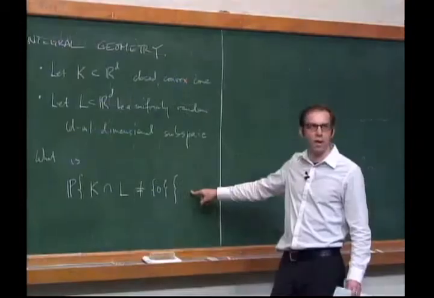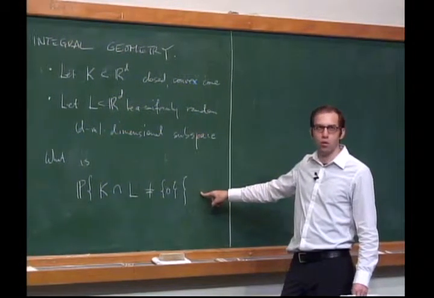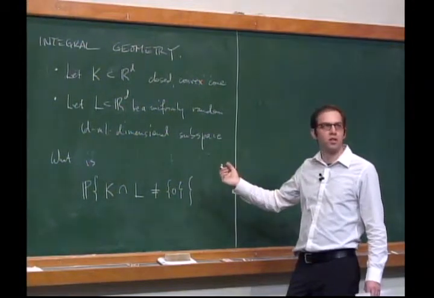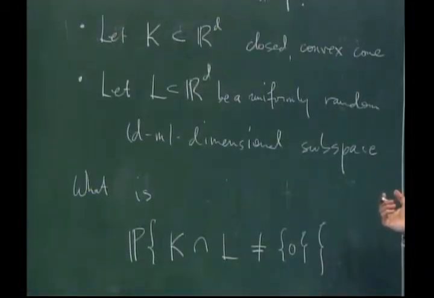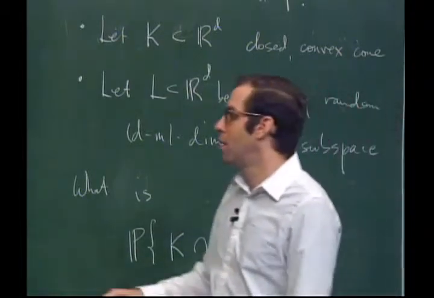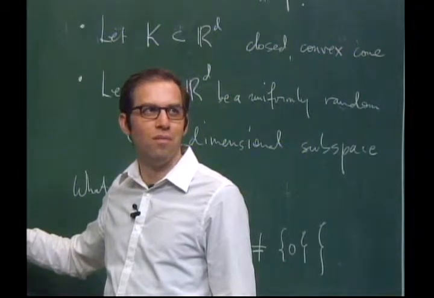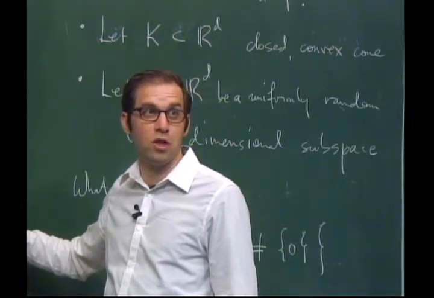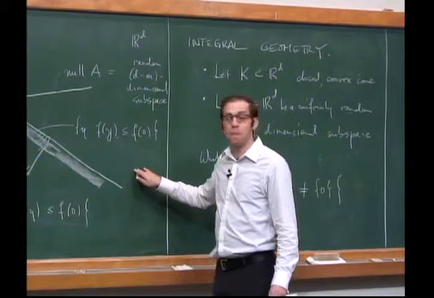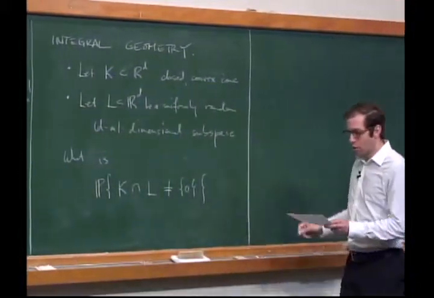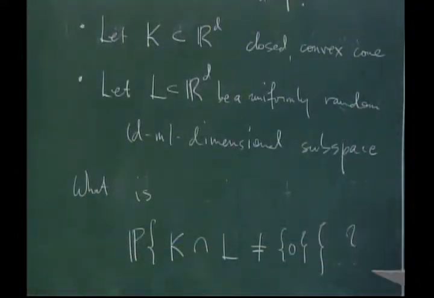Clearly, this is complementary to the probability that we're looking for. The reason we've switched is because the formulas are a little simpler. Okay? So this condition is equivalent to 0 not being the unique solution to this optimization problem. In other words, there's some other solution that's not 0. Okay? So the question is whether we can determine this.